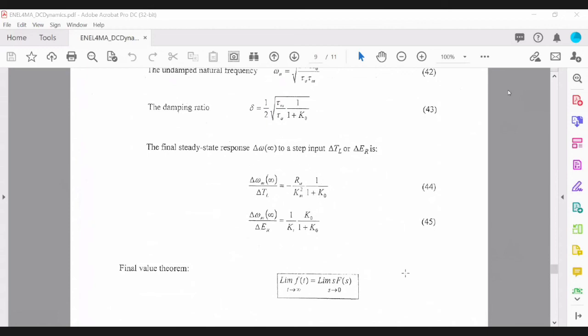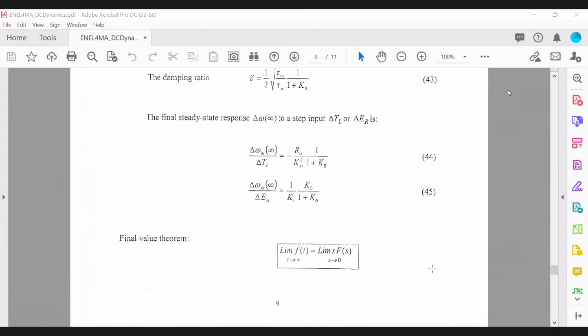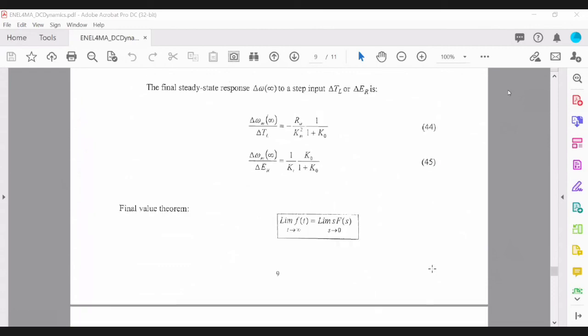We will look at those cases in the tutorial so that you can get familiar with how this particular model is used to determine the steady state response of the control system.